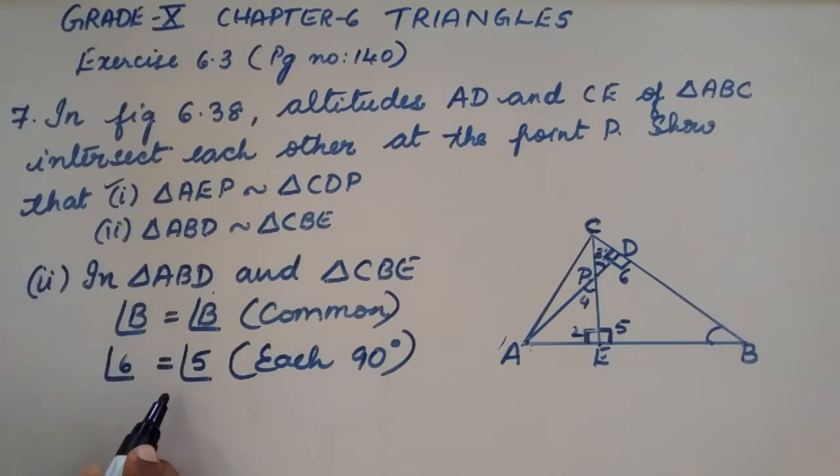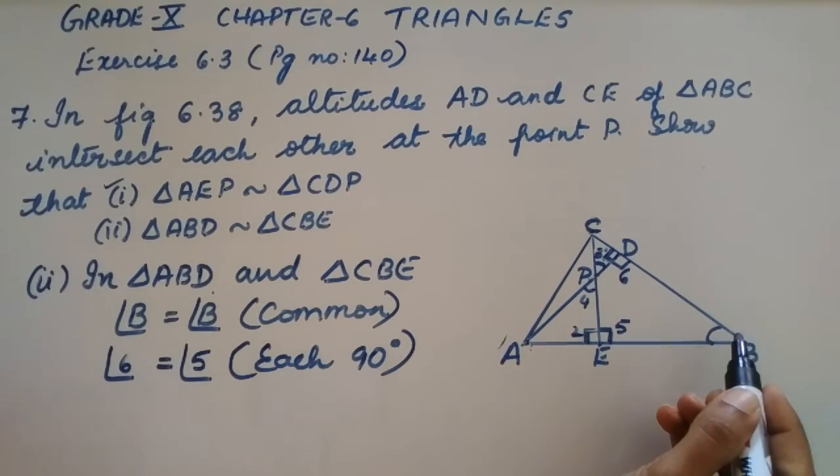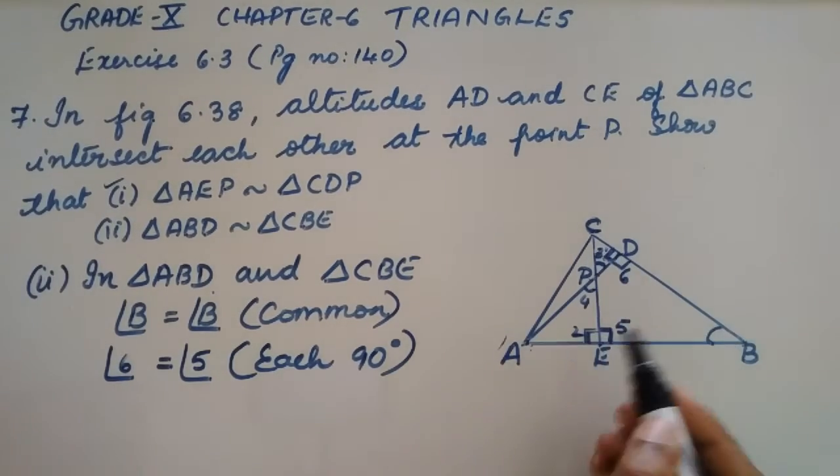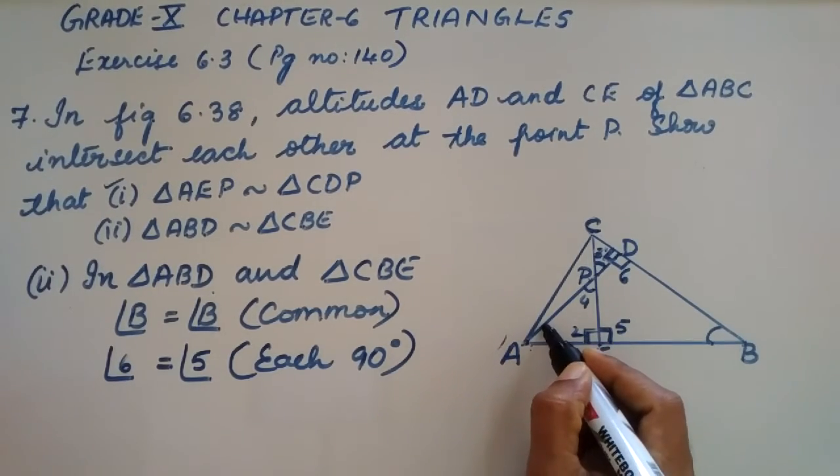So then here we have two corresponding angles of both the triangles equal, isn't it, students? So what about the third angle? In triangle ABD we have the third angle, that is this one.